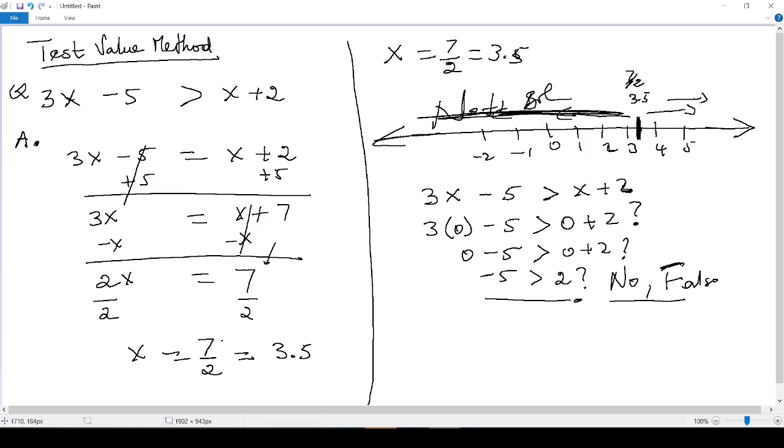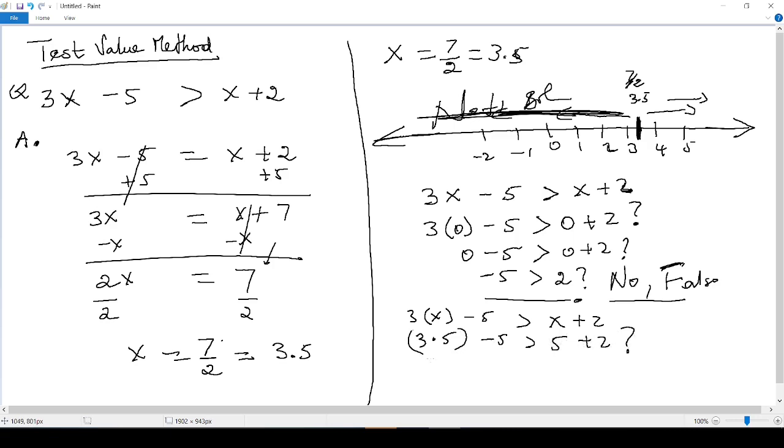So I will go with 5. 3x minus 5 greater than x plus 2. Replace the x by the 5. I have 3 times 5 minus 5. Is it greater than 5 plus 2?